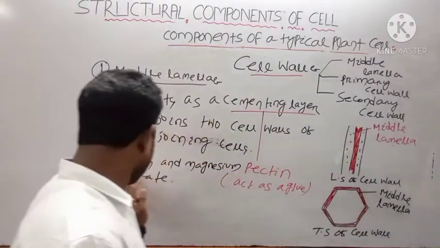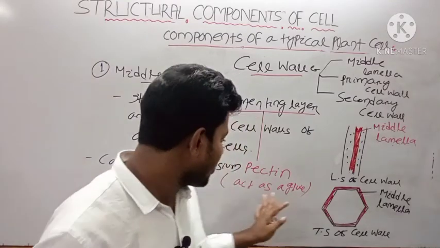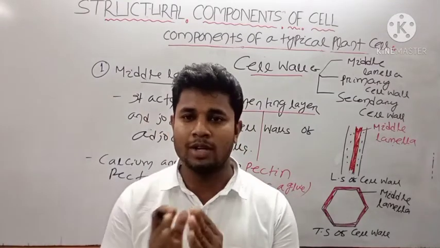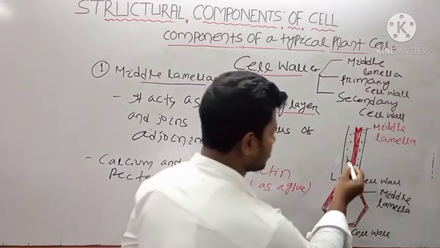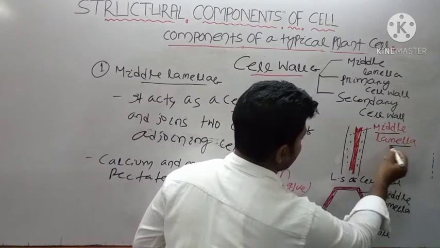Here, in calcium and magnesium pectate there is a pectin substance which acts as a glue to join two adjoining cells. Here you can see the two adjoining cells. It is joined by the middle lamellar structure.